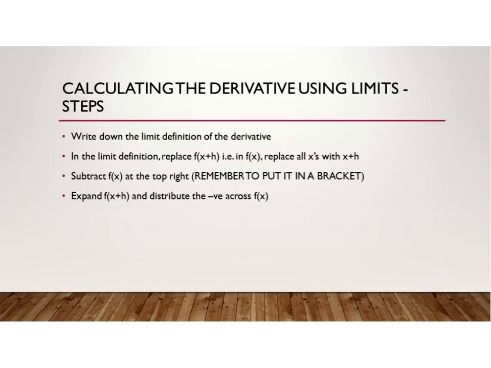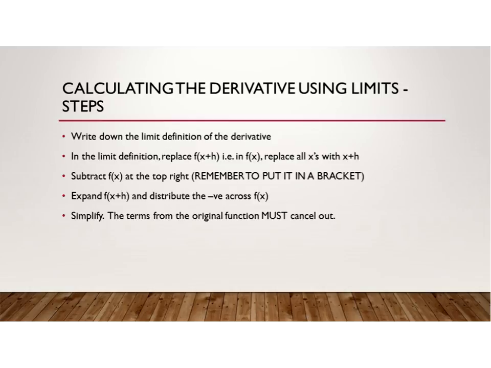The next step, once we've done that substitution for f of x plus h and f of x in the formula, we then just do an expansion and a simplification. We expand out the front term, because it'll be guaranteed it'll be a polynomial, so you'll have to square and maybe cube something. Then you distribute the negative across the f of x.